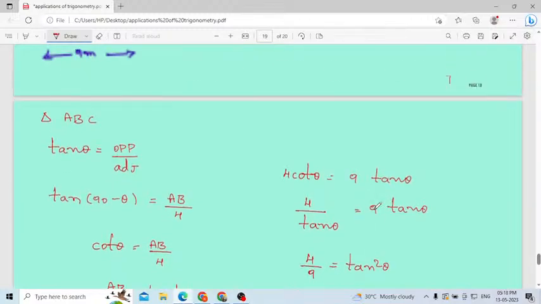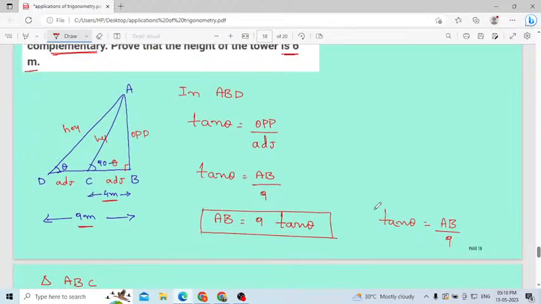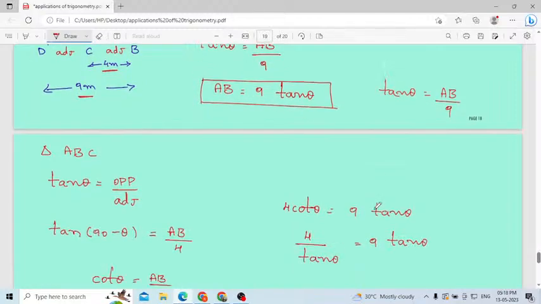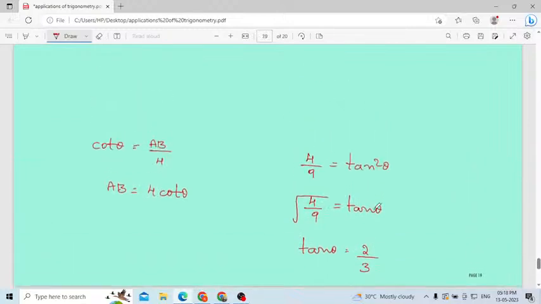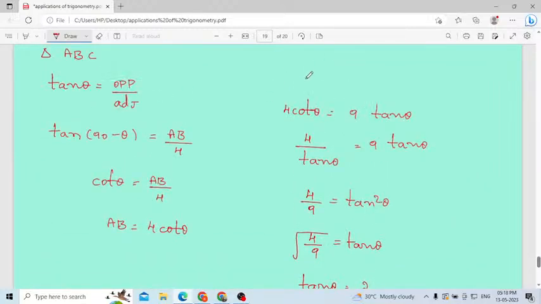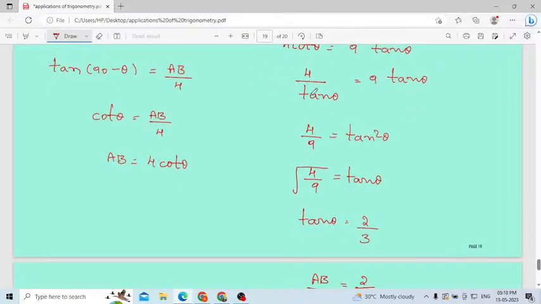These are easy problems. Definitely you can solve them in the exam. Consider the bigger and smaller triangles. Here what I did was equate the values of AB. AB is 4 cot theta, AB is 9 tan theta, I equated them. Then you know cot theta is 1 by tan theta, then 4 by 9, exchange the terms, then tan squared theta.